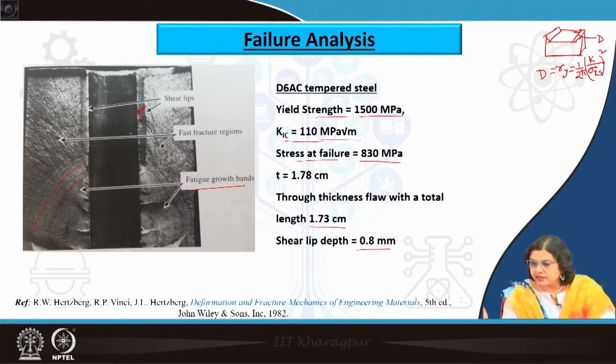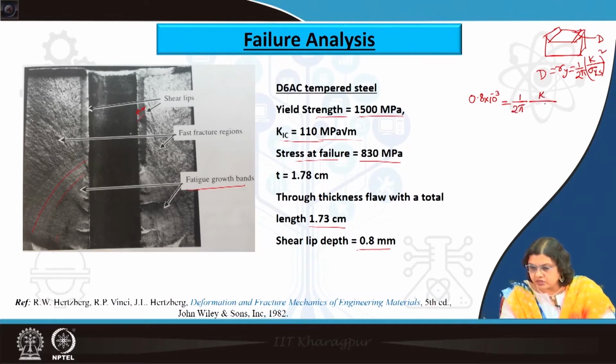So, in this case let us use this shear lip depth value of 0.8 millimeter to find out the K value.